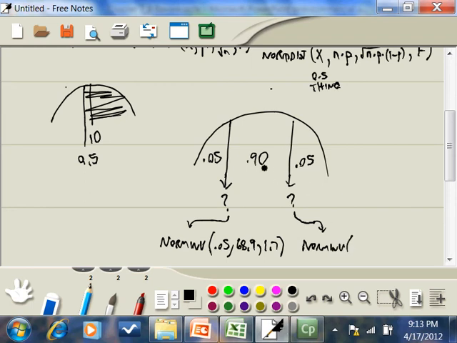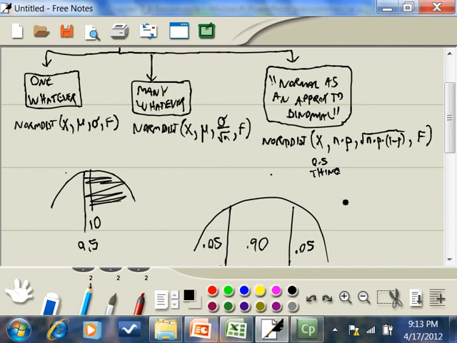The area to the left will be the 0.90 plus the 0.05, so it'll be 0.95. Then our mean, which is 68.9, and our standard deviation, which was 1.7. I won't actually plug those in since you got it written down there.